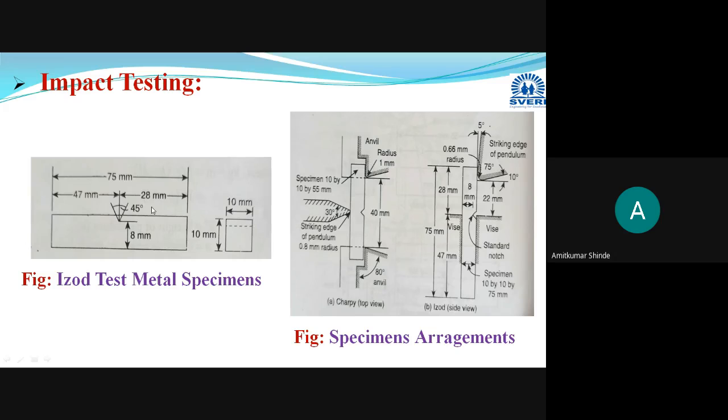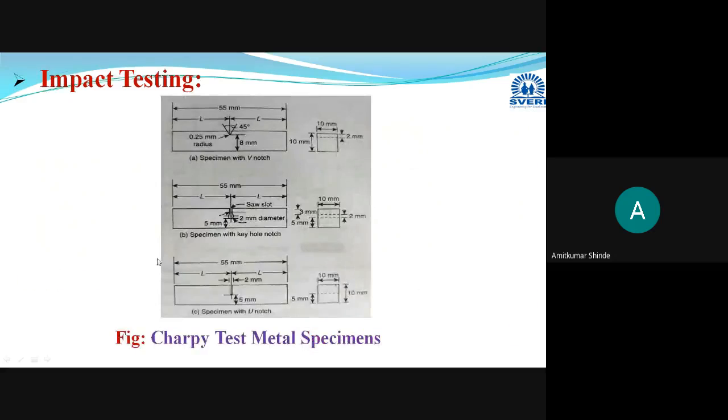In this way the specimen is prepared for conducting the Izod impact test and Charpy impact test. In the Izod and Charpy impact tests, these are the differences in the dimensions. In the Charpy impact test, the specimen dimension will be 10 millimeter thickness, 10 millimeter width, and 55 millimeter length.